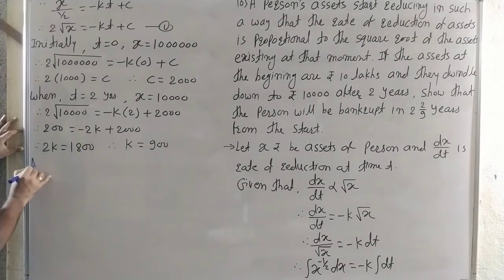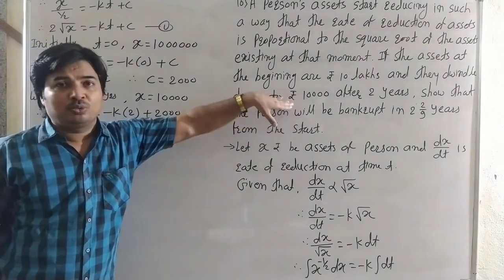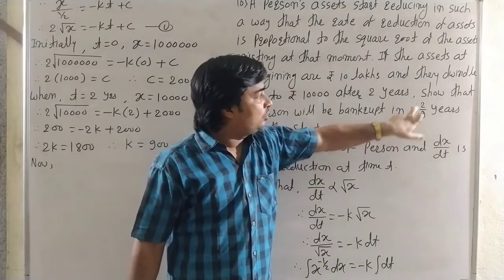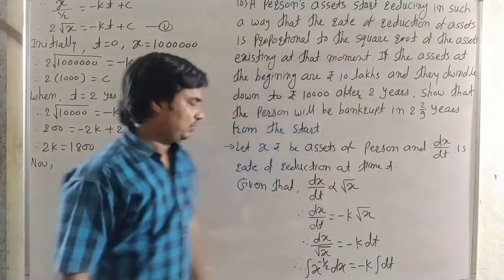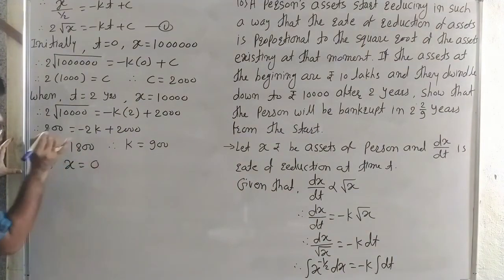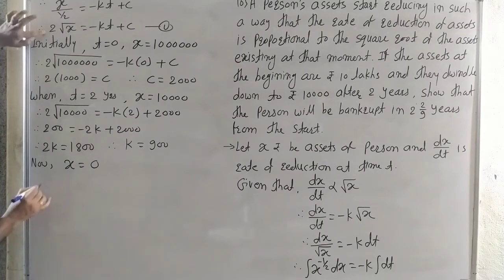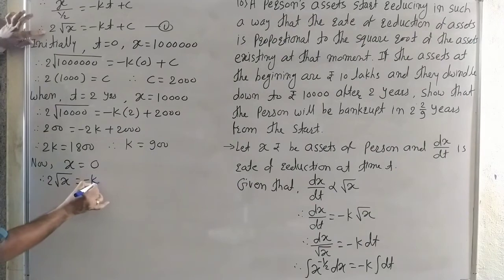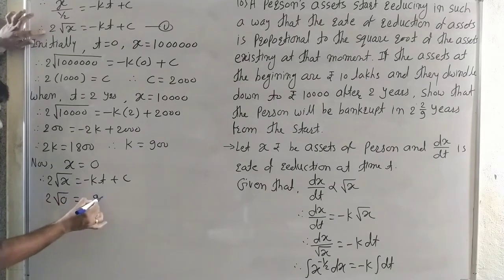Now, when the bank balance becomes 0, we have to show that the bank balance is 0 after 2 and 2 by 9 years. Therefore when x is equal to 0, our equation 2 into under root x is equal to minus kt plus c gives 2 into under root 0 is equal to minus 900t plus 2000, and now it is 0.